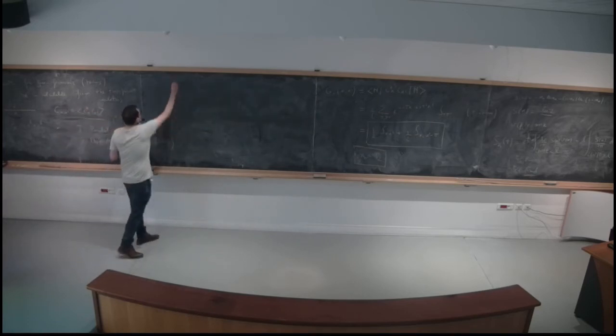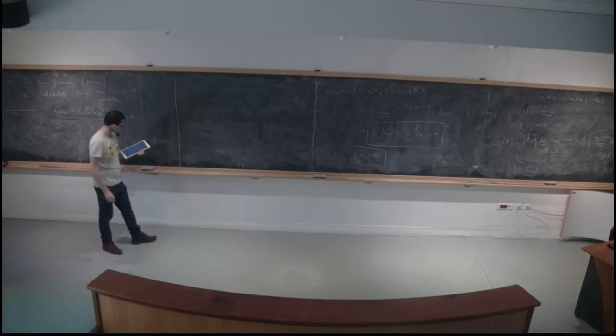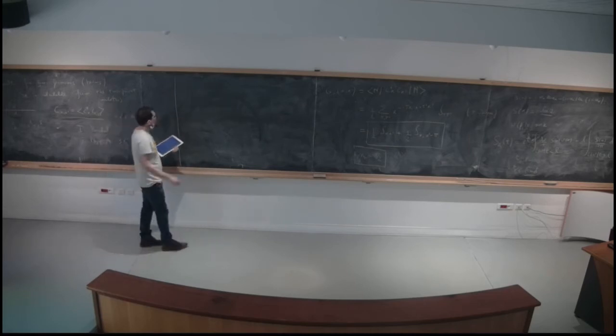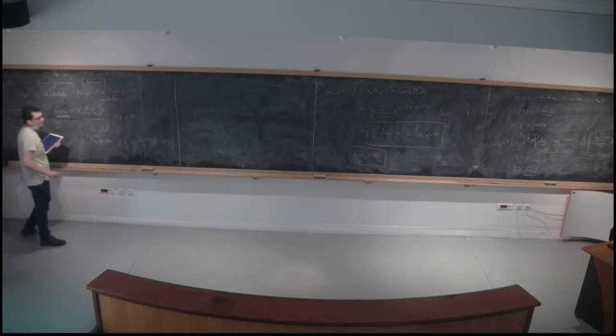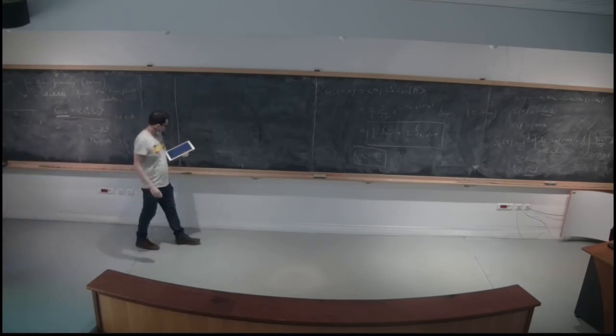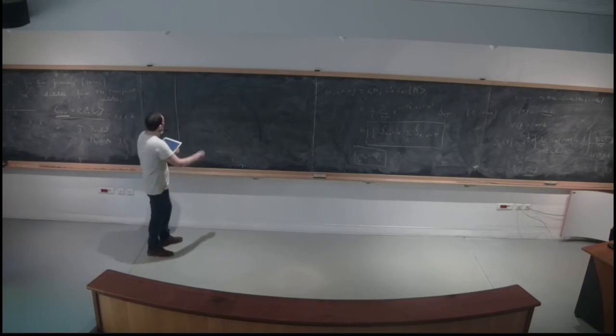So how do we show this? We have this correlation matrix, and we want to write the reduced density matrix for your subsystem.